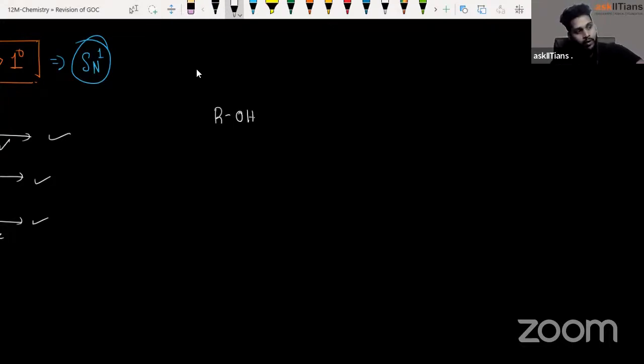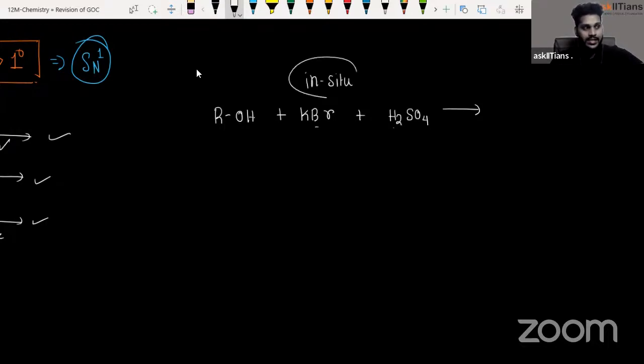They would go like ROH plus KBr plus H2SO4. Guys, this is another variation of Groves process. KBr and H2SO4 together would make HBr. So it is the in situ formation of HBr. This would also give you RBr in here.